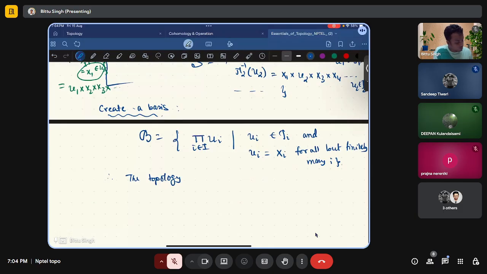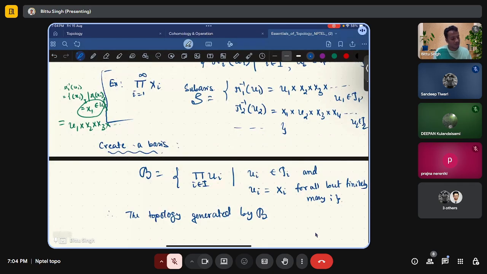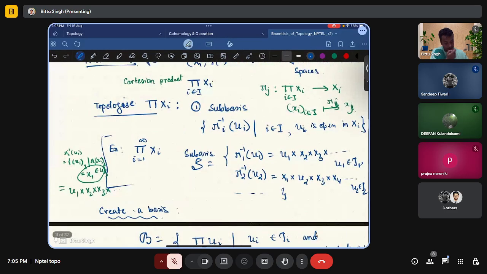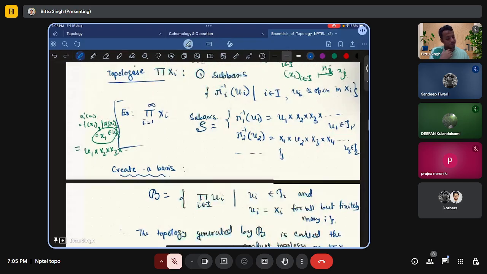So the topology generated by script B or by script S: topology generated by a subbasis means first we form a basis and then from this basis we take arbitrary unions. The topology generated by this basis script B is called the product topology on this product, i belongs to I. Now there is another way to topologize.